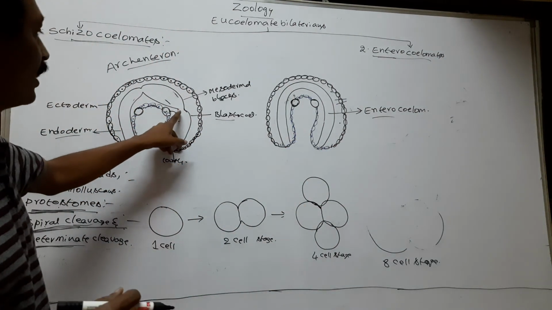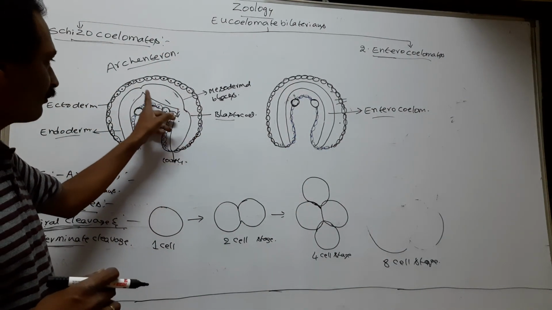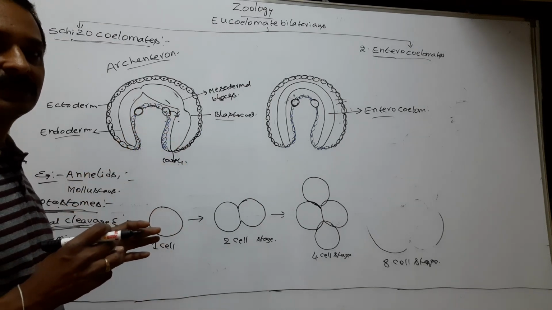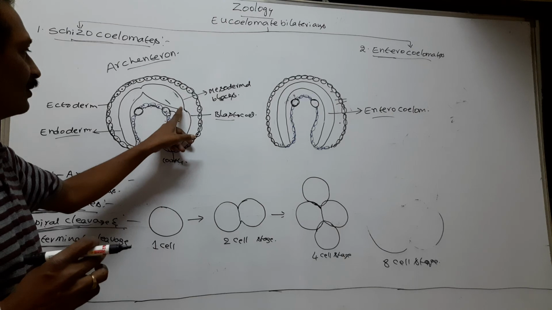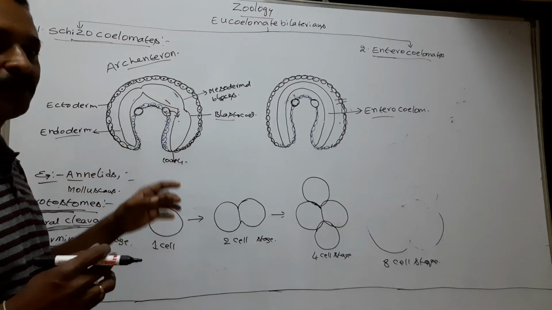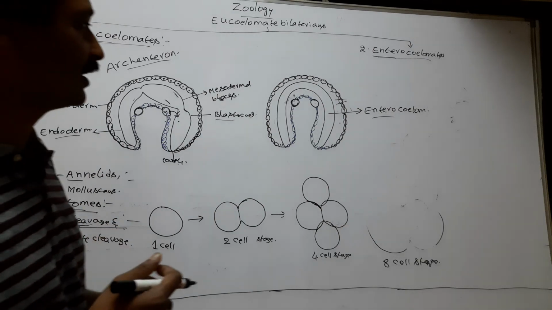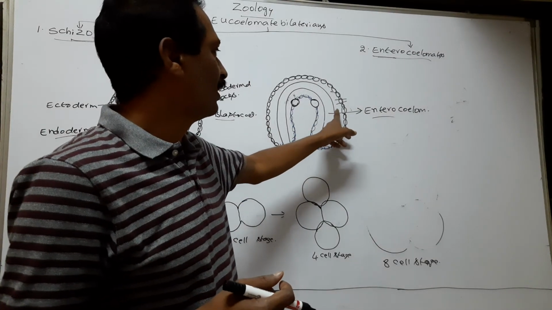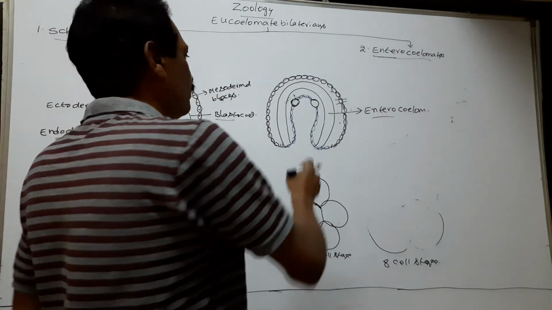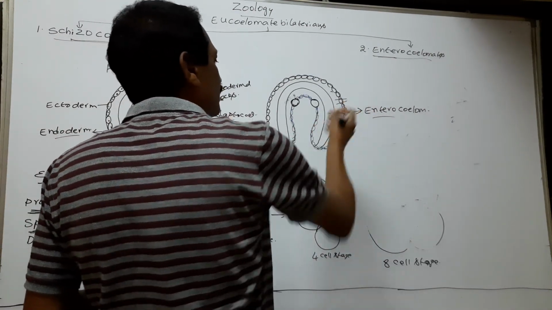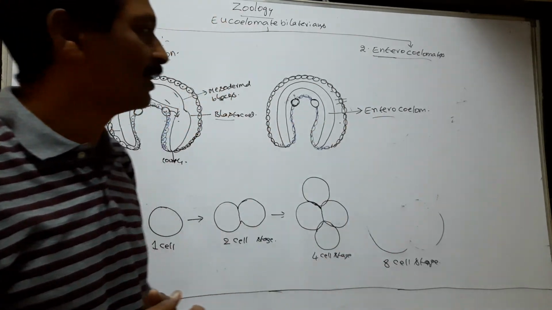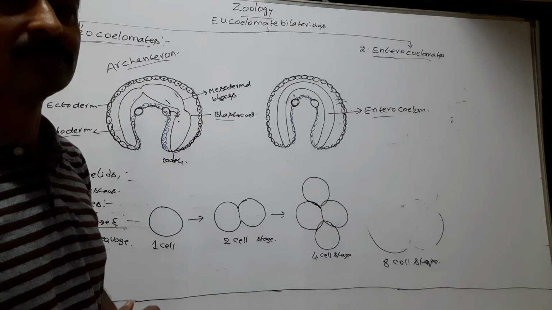Later, the walls between mesodermal pouches are dissolved, and the spaces in the mesodermal pouches are fused with each other to form a double layered mesodermal epithelium. Between these two layers, the true coelom is developed.